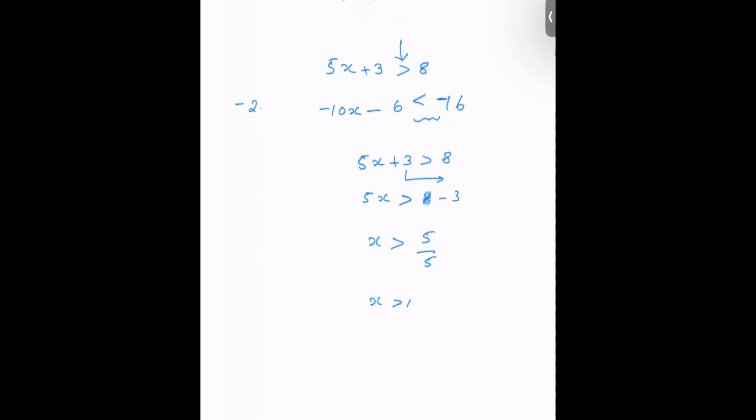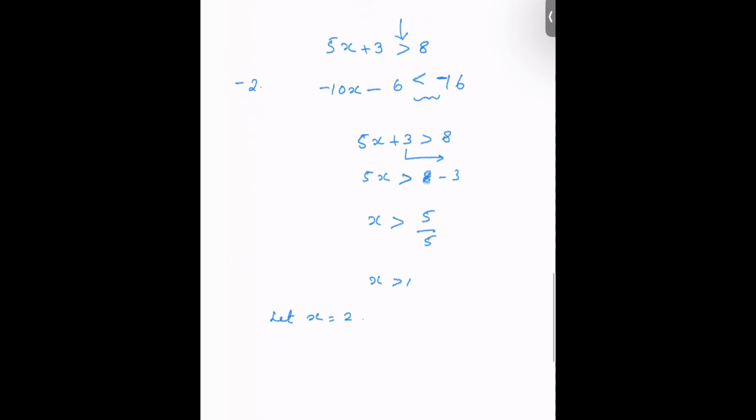So let x be 2. I get 5 into 2 plus 3 is greater than 8. 10 plus 3, 13 is greater than 8. Is it correct? You all agree with this? 13 is greater than 8 is a correct statement, right?